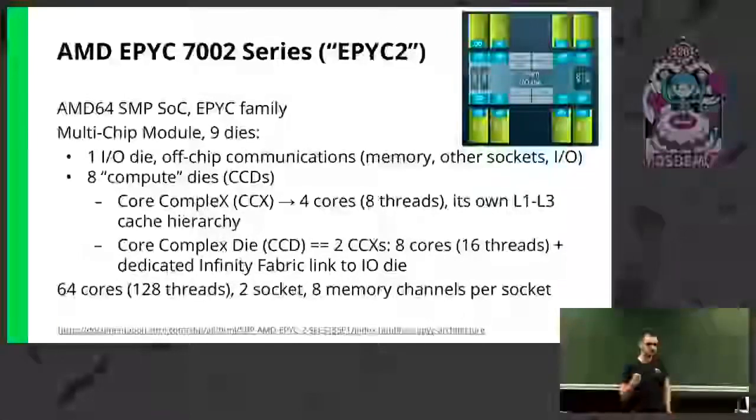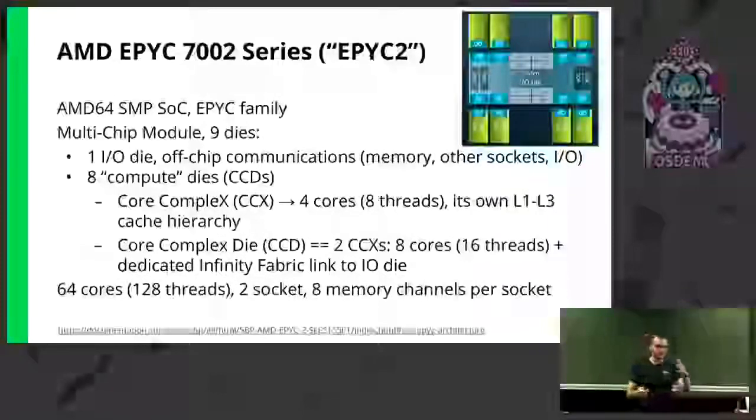That's how they call these things. One of these dies is dedicated to I/O and off-chip communications. In every socket, there are 9 of these dies, and one is dedicated to I/O, it's the I/O die. And the other 8 are the actual compute dies.